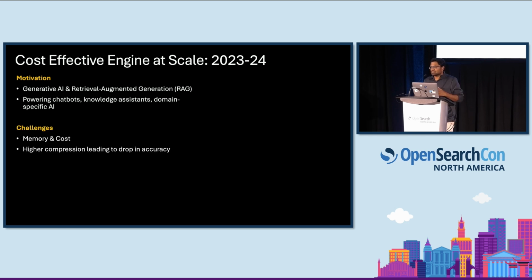This further led to scale from tens of billions to hundreds of billions. At this point, the 4x compression would still be costly. You would need more memory, and it adds more cost. You can add further compression techniques, but they would be lossy, which means you would lose accuracy.